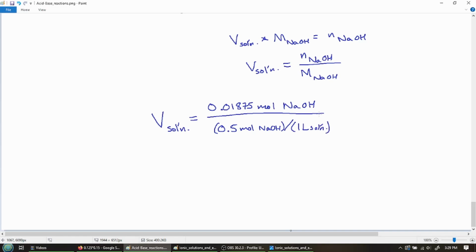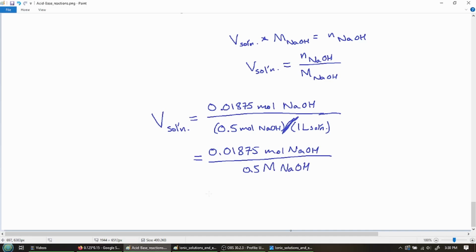And all I did here is break apart the definition of molarity. Okay, so there's a fraction down there, but this would be just the same as saying 0.01875 moles of NaOH divided by 0.5 molar NaOH.